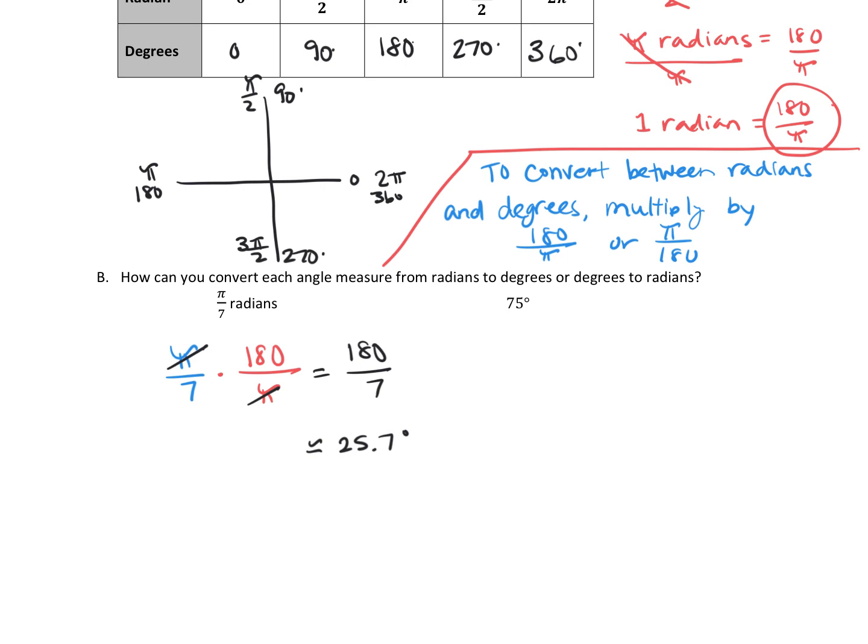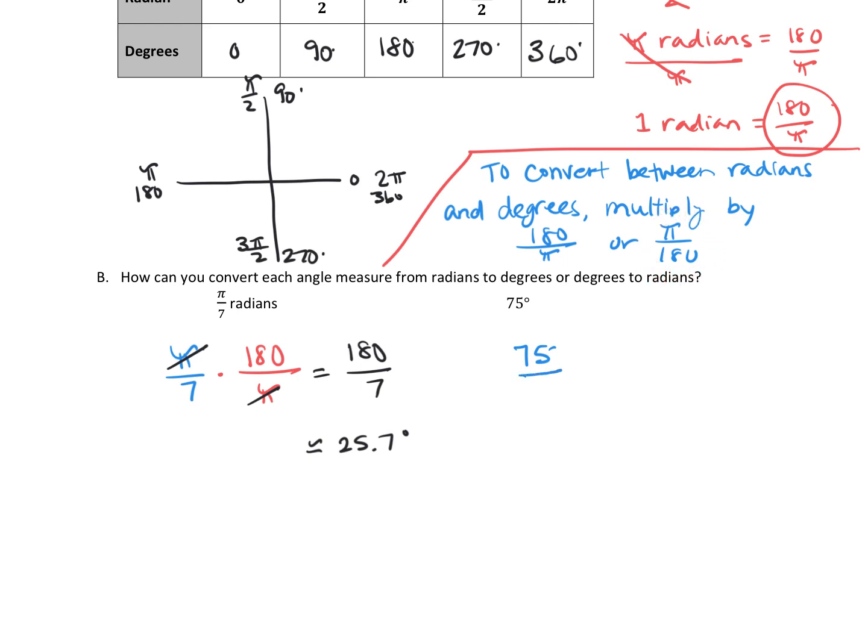So if we have our next example, 75 degrees, we need to convert that into radians. So we want the pi in our answer. And in radians, is pi always in the numerator or the denominator? Pi will always be in the numerator of a radian measure. So we're going to multiply by the conversion that has pi in the numerator.